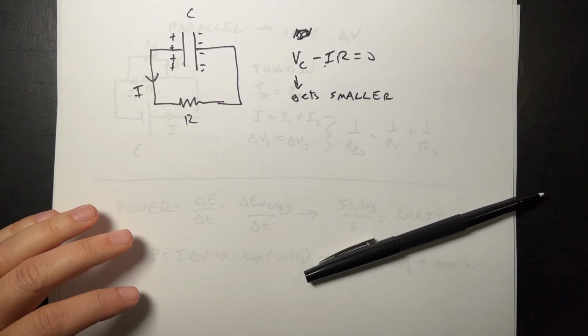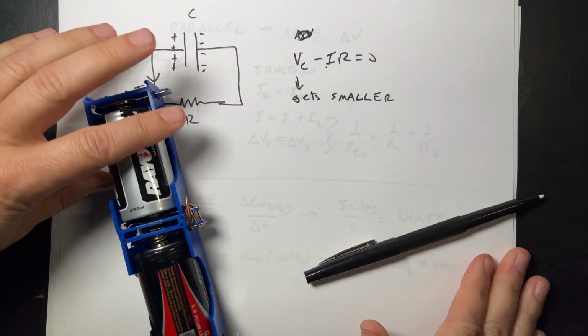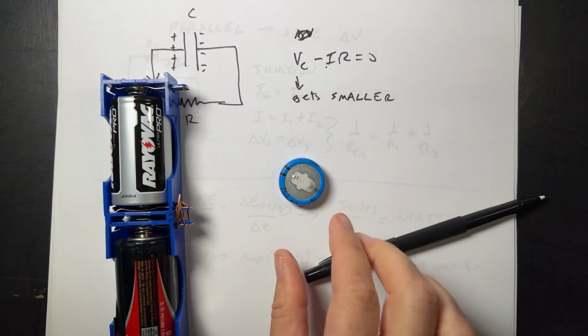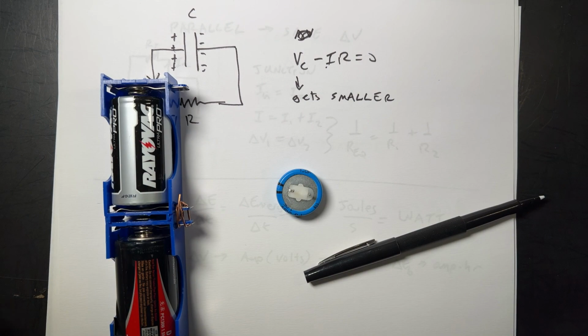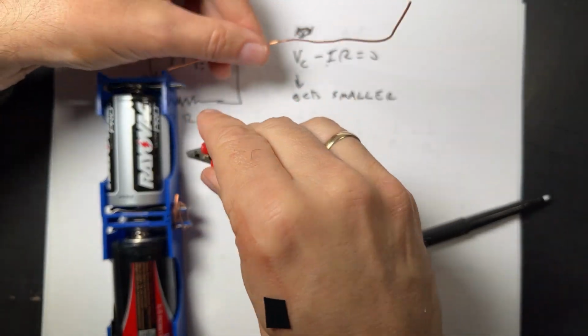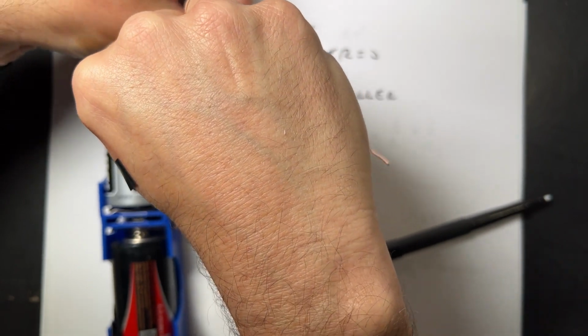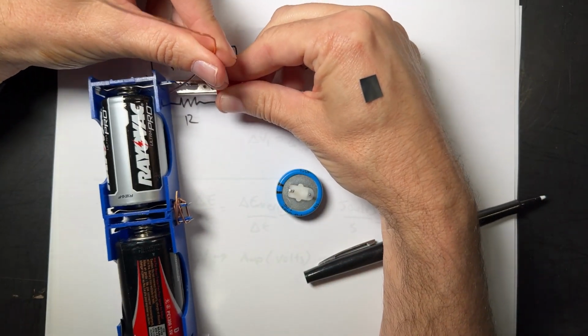So let's see if we can make this happen. I have a capacitor right here. It's a parallel plate capacitor. Doesn't look like it, but trust me, it is. Let's see if we can just charge it up, and then we'll use it in another way.